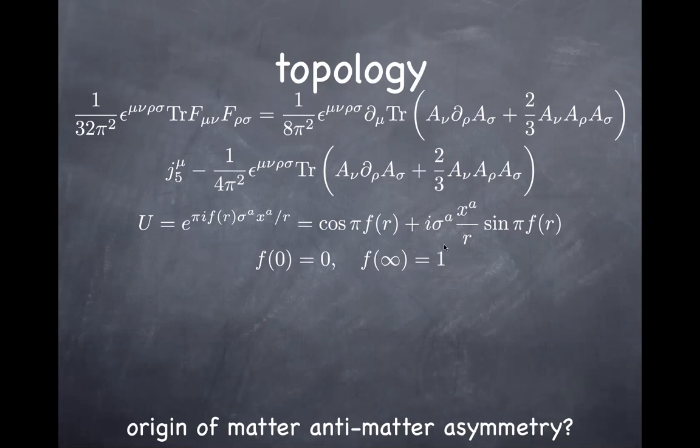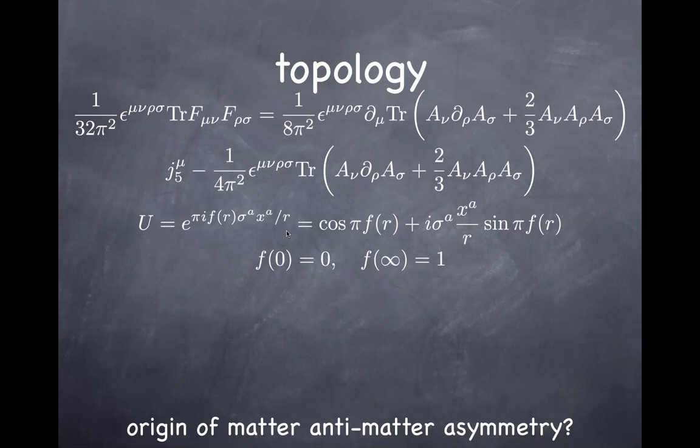Every odd power is still a matrix, and they sum up to sine. And that's how you can show this expression here. When you go to infinity, f of infinity is 1, sine π of 1 is 0, so this second term vanishes. Cosine π of 1 is minus 1. So this is the gauge transformation where U is 1 at the origin, and U becomes minus 1 in any direction you go to spatial infinity.